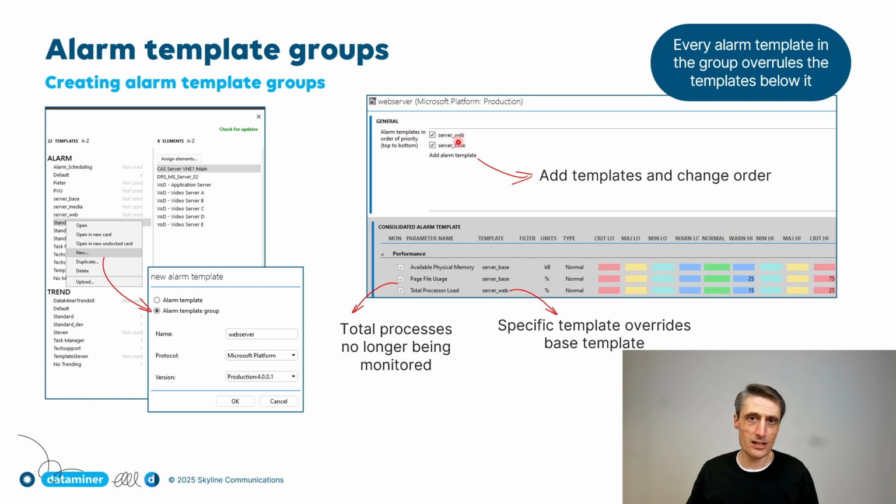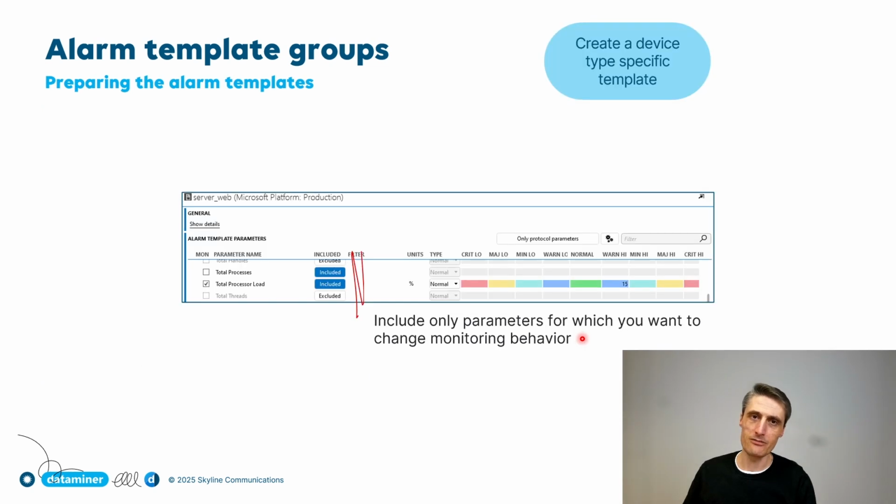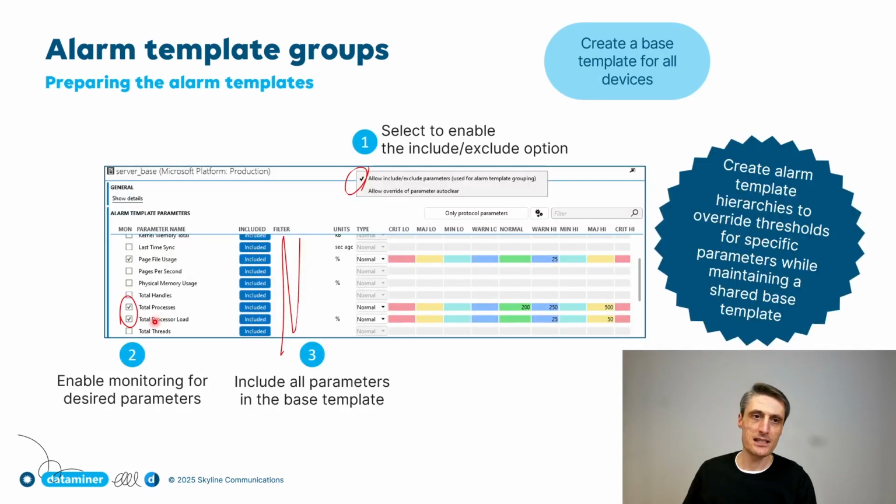So you can just add, in this case, two of those available templates, the base at the bottom and a web on top of it. And the result is being shown here. Now, if we take a look at what has been configured, if we go back to the previous slides, in the base we had the total processes added.